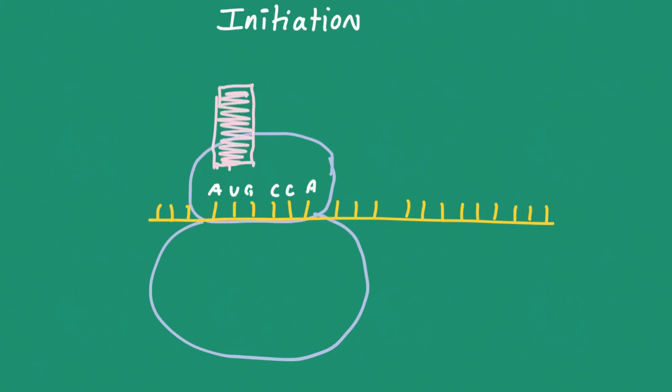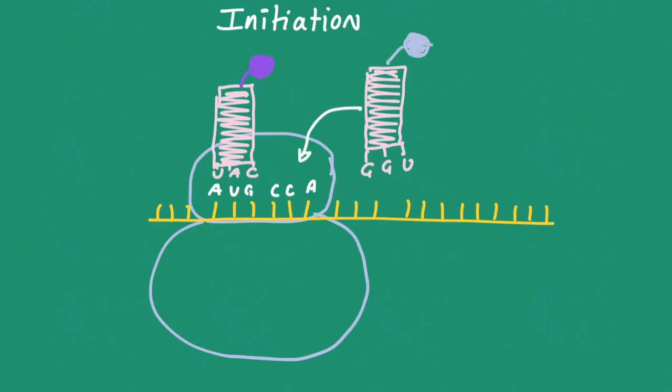So it would have to be UAC. It brings an amino acid with it, which is specified by the AUG, which should be methionine. The second tRNA has its anticodon that matches with CCA, and it brings the second amino acid.